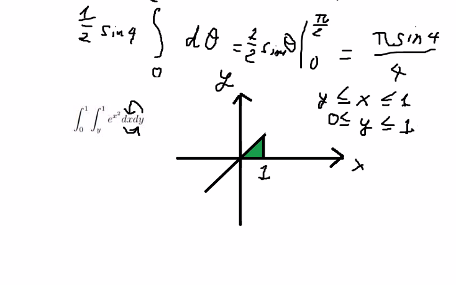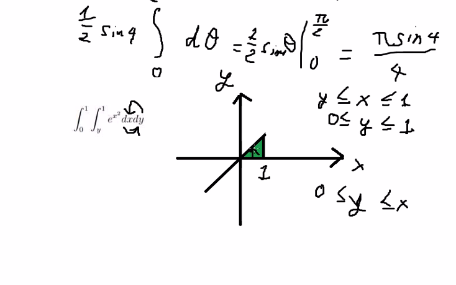So we need to change the bounds. So right now we have y that should be from this one, and we can see that they will go up in this side. And if we look carefully, y is greater than 0 and smaller than or equal to x.